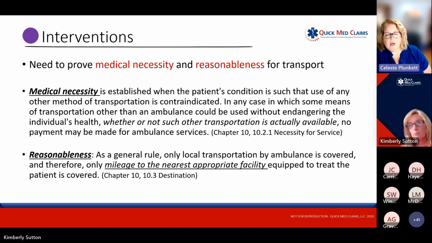Now, if you're being sent to a different facility because there's no beds, document that in your PCR, because that's very helpful to prove the reasonableness. So if you're going to one pediatric center versus another because of bed availability, or they're on divert, make sure that you're putting that in your PCRs.